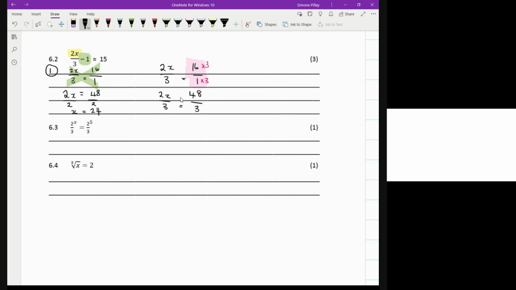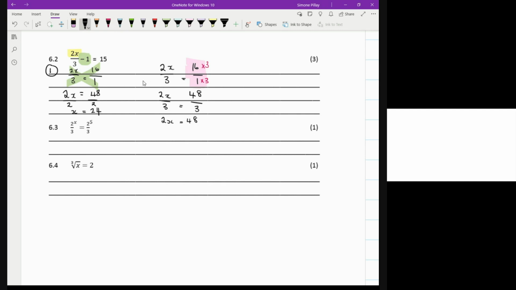Now that they both have the same denominators, drop your denominators. 2x equals 48. Divide by 2 and you'll come back to 24. So 2 different methods, same answer. Whichever one makes sense to you, use that method.